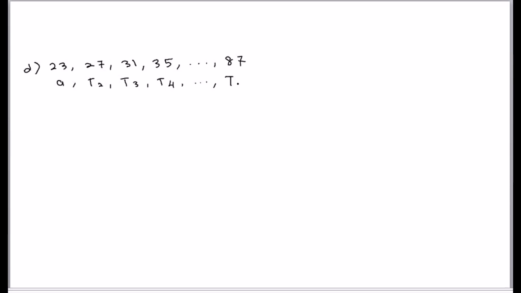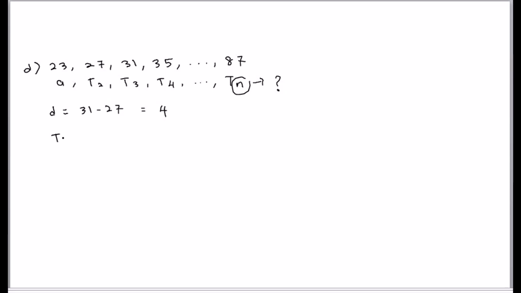We can name it as Tn. So we want to find n, the number of terms. Okay, we know A equals 23. Next, we want to find D, common difference. Let's say this time I want to take T3 minus T2. So 31 minus 27 equals 4.